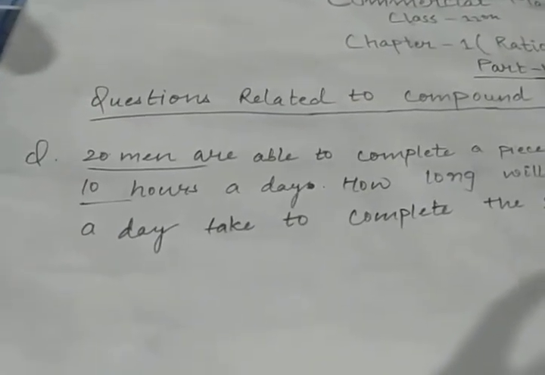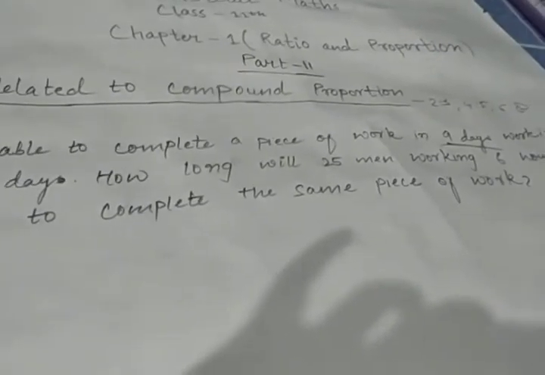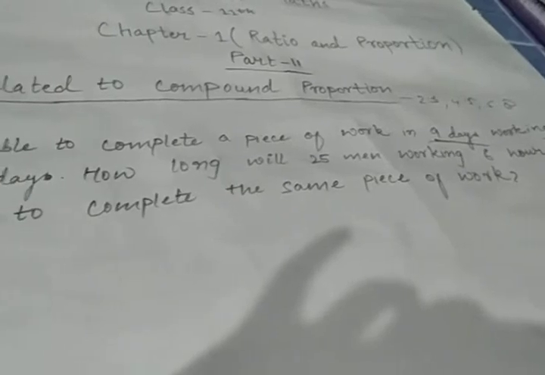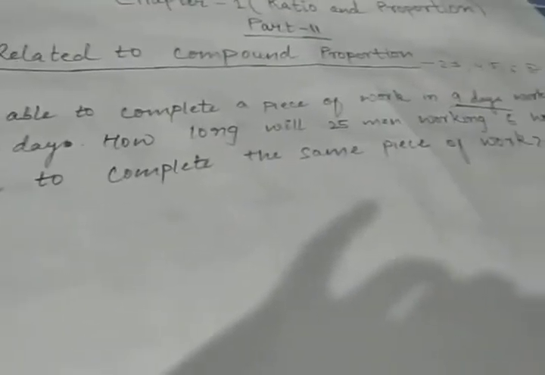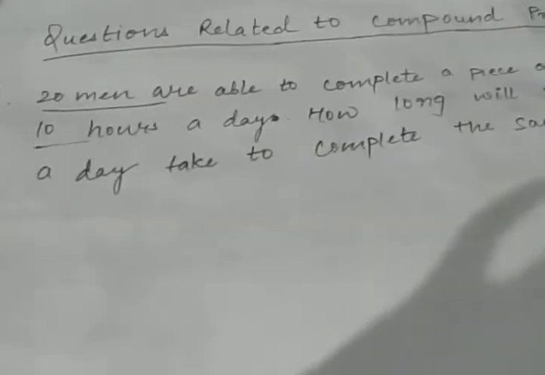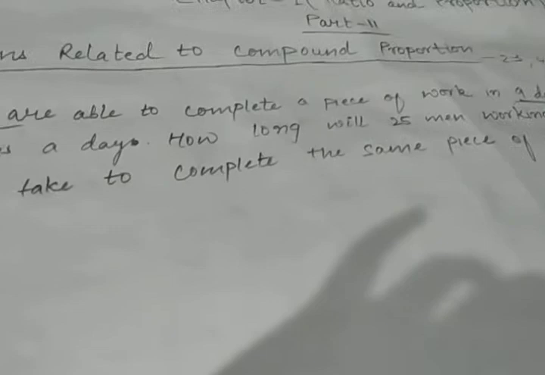The question is: 20 men are able to complete a piece of work in 9 days, working 10 hours a day. How long will 25 men working 6 hours a day take to complete the same piece of work?